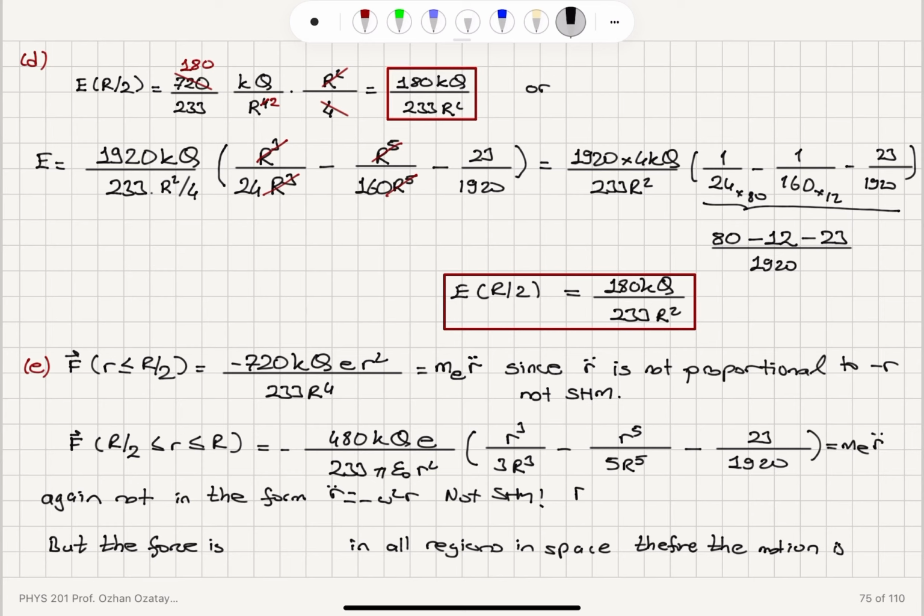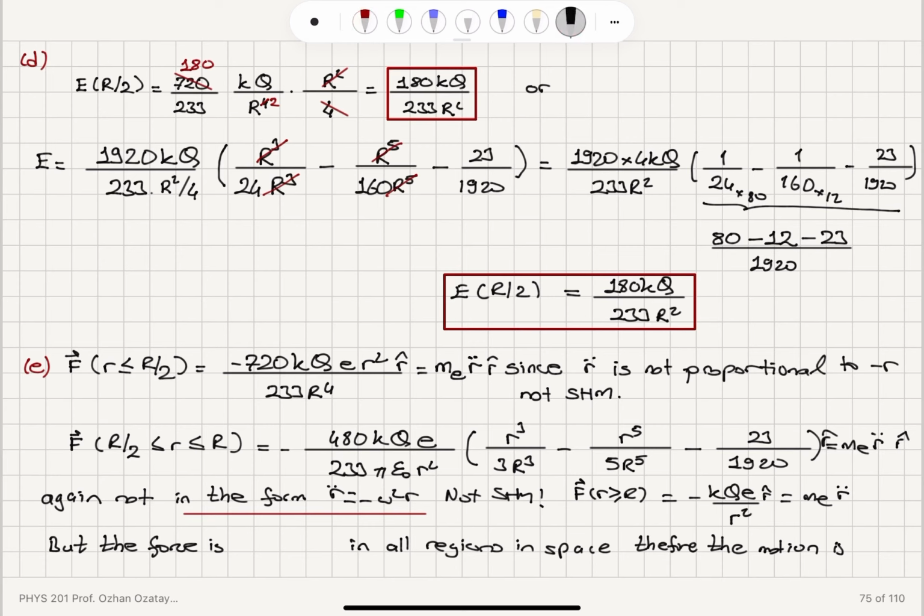So force for r greater or equal to R is minus kqe over r square in r hat direction. All right. This is mass of the electron times r double dot. Again, this is not in the form r double dot equals minus omega square r. Therefore, it is not simple harmonic motion.